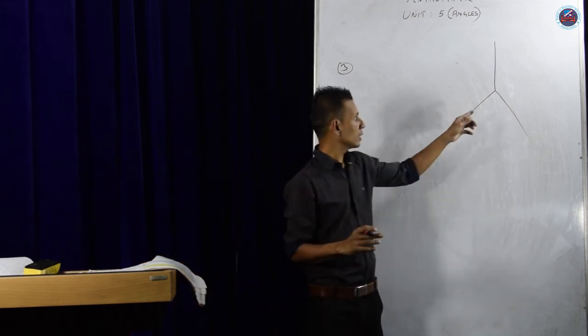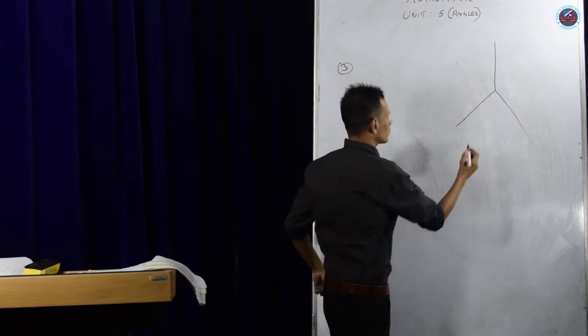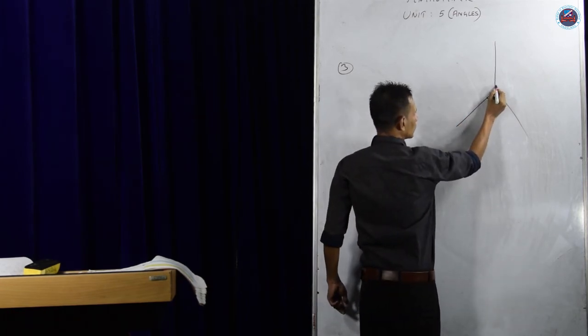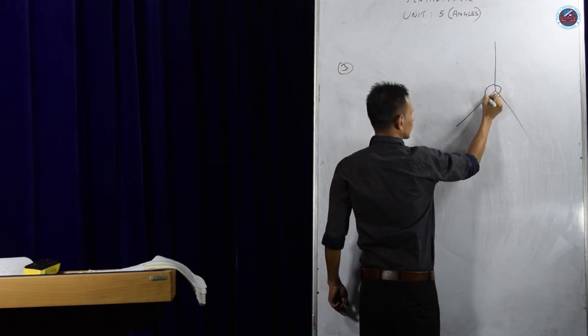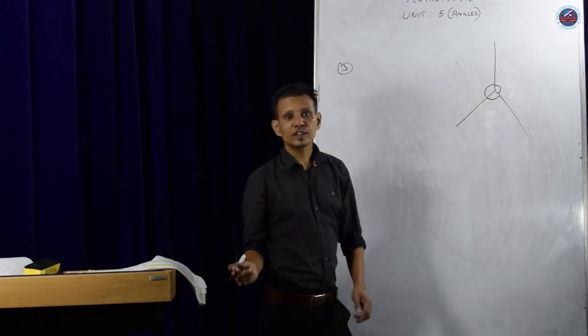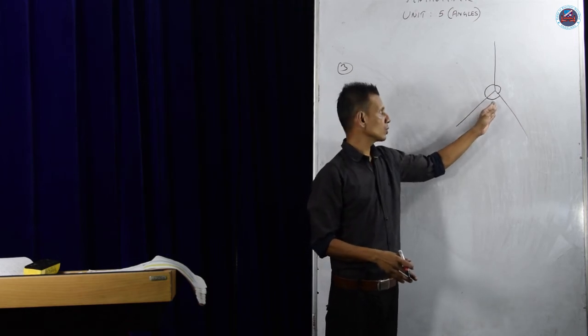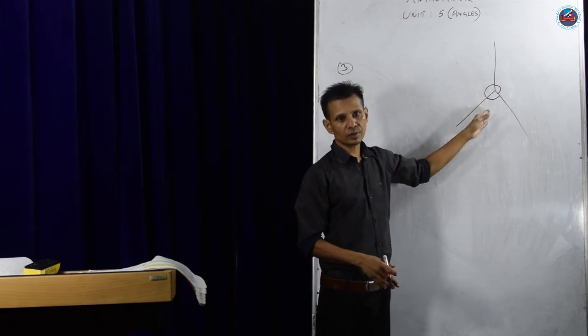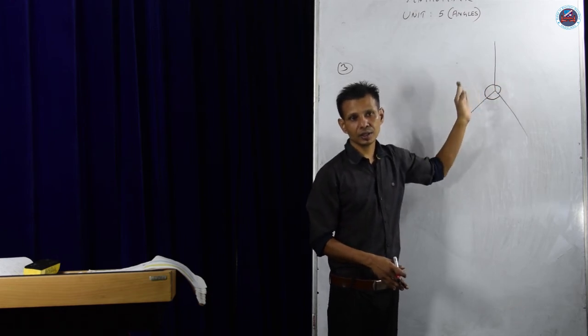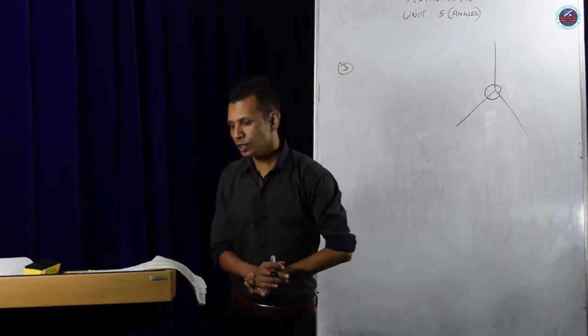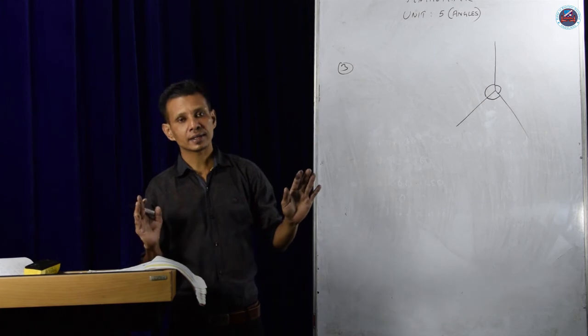Well, we have 3 angles here. 1 angle, 2 angles, 3 angles. So all of them are the same size. If this is 30, this will also be 30, 30. If this is 100, this will also be 100, 100. According to the question, they said all the angles are the same size.